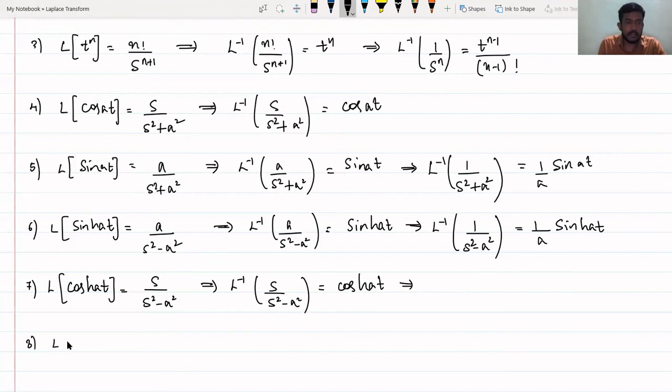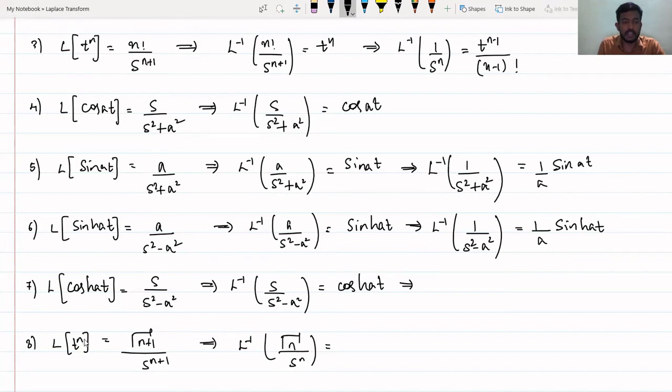another standard form. We take Laplace transformation of t to the power of n, where n is not an integer, and it is denoted by gamma of n plus 1 divided by s to the power of n plus 1. In this case, inverse Laplace transformation of gamma of n divided by s to the power of n will be equal to, see, one integer less than n we are supposed to take.